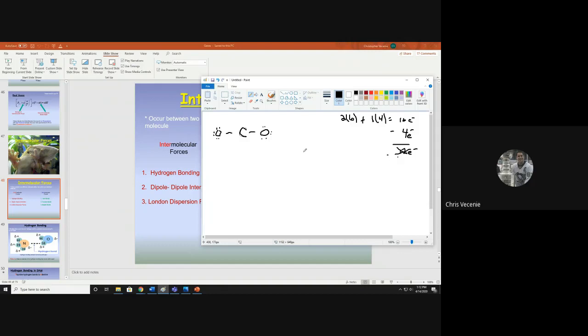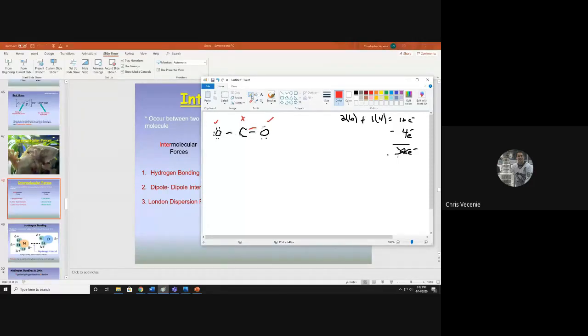Then I check to see if everybody's happy. As I look, oxygen's good. It has 8. Oxygen's good. It has 8. Carbon, no good because it only has 2, 4. So whenever we come up short, what we used to do is take 2 off of one of the ones that works and then push it into a second bond into the middle. Now the carbon's up to 2, 4, 6.